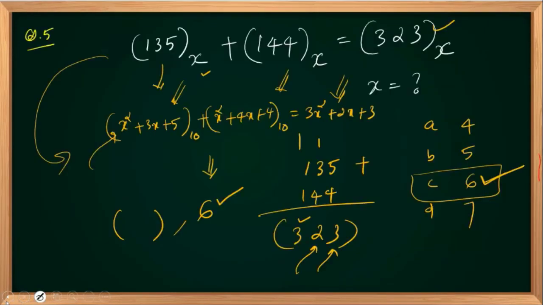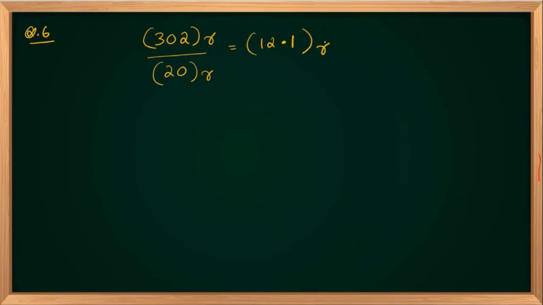Okay. So let us have another question. Question number 6. Given that 302 base r upon 20 base r equals 12.1 base r.